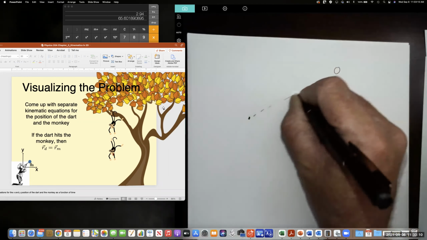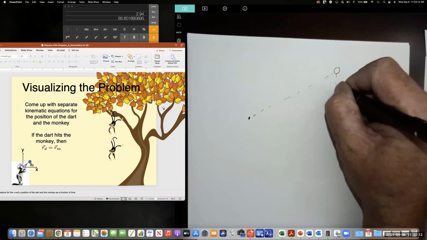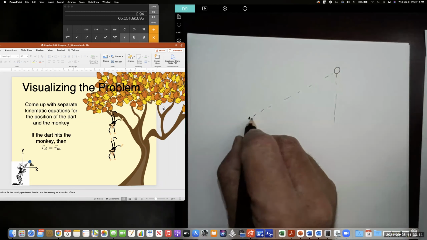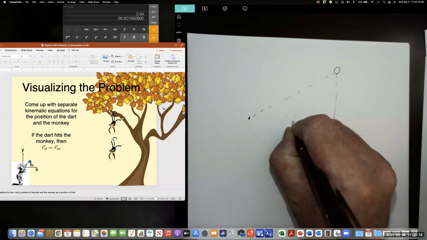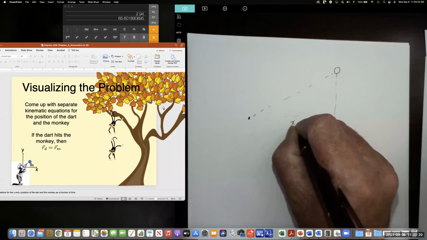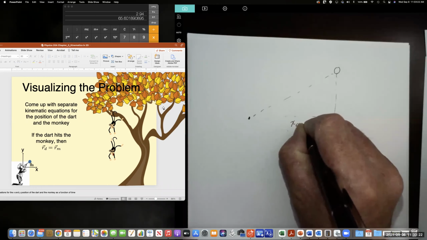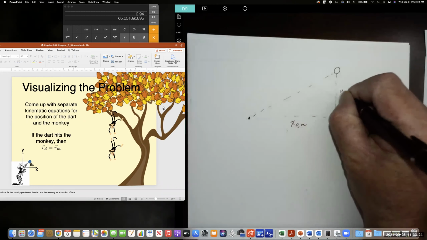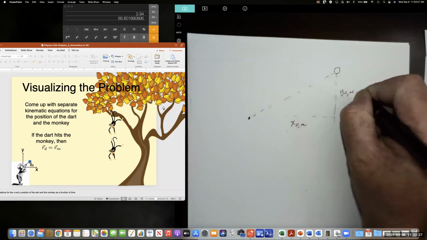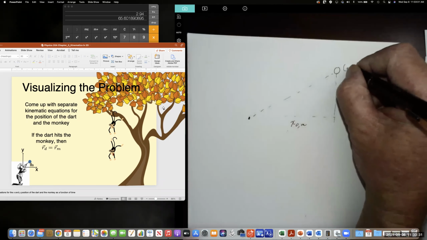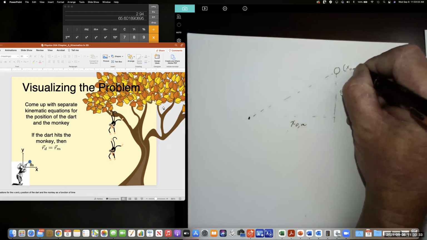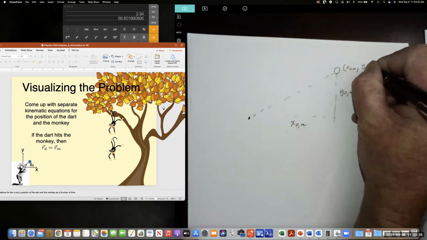My monkey is, I'm just looking by eye, X0 monkey and Y0 monkey.